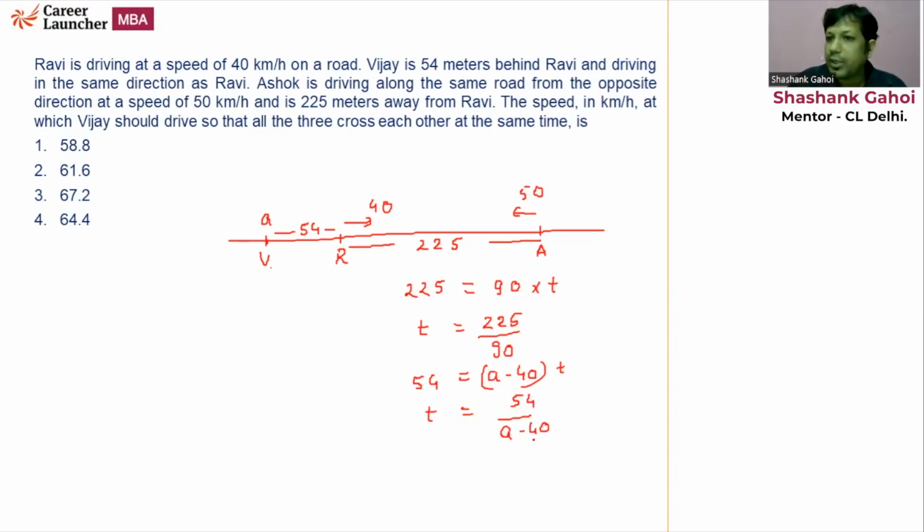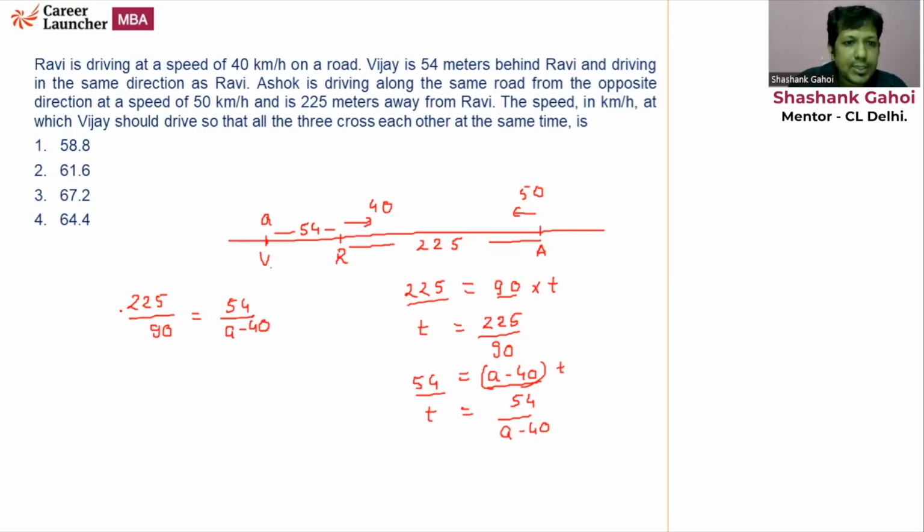Both the values are the same, because this value is in meters, this value is in meters, this value is in kilometers, this value is in kilometers. So eventually every unit is going to cancel out. You are finally going to get your answer. So 225 divided by 90 is equal to 54 upon a minus 40.